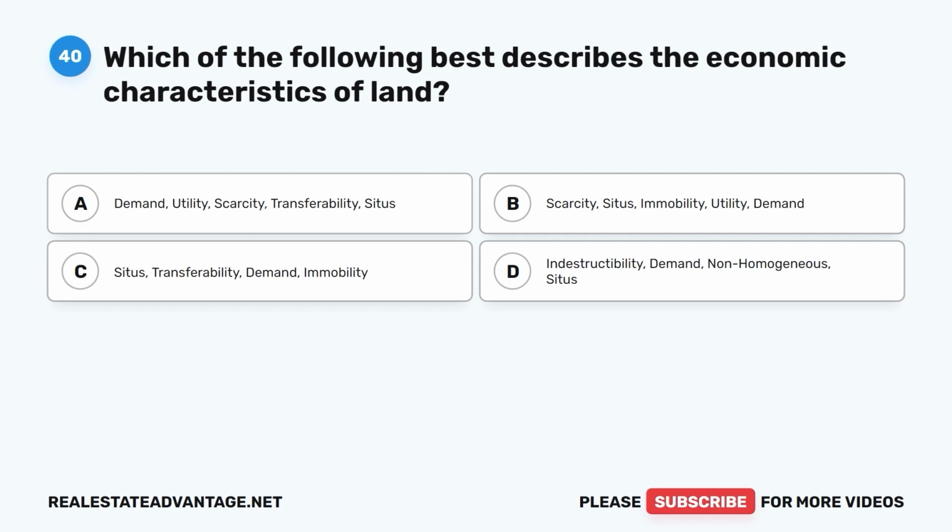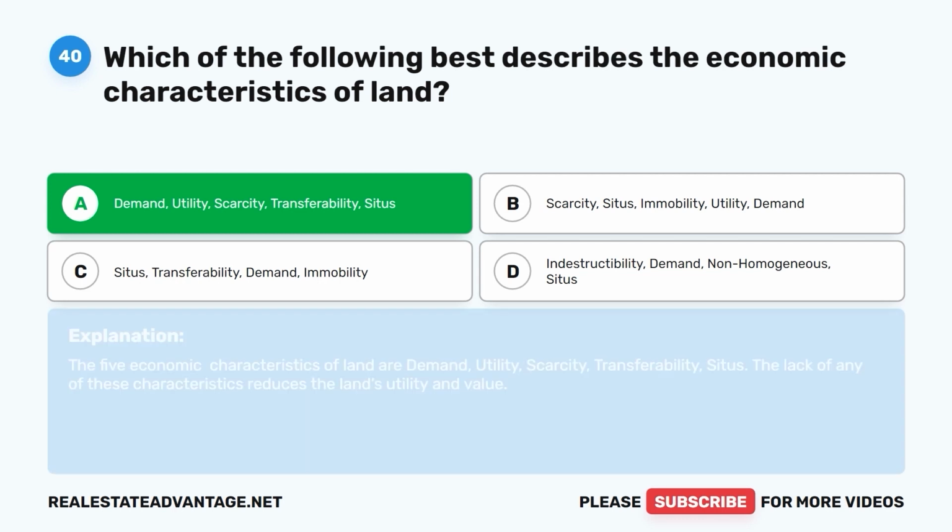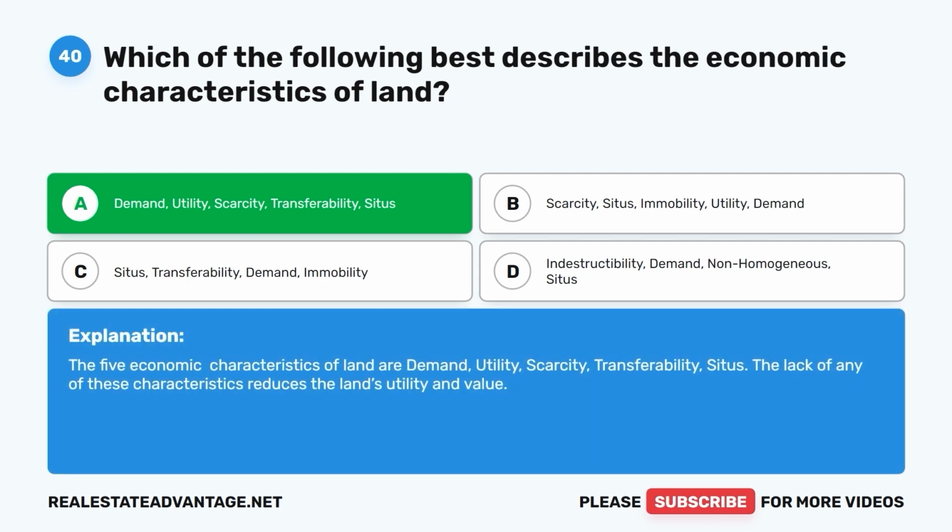D. Indestructibility, demand, non-homogeneous, situs. The correct answer is A. Demand, utility, scarcity, transferability, situs. The 5 economic characteristics of land are demand, utility, scarcity, transferability, situs. The lack of any of these characteristics reduces the land's utility and value.